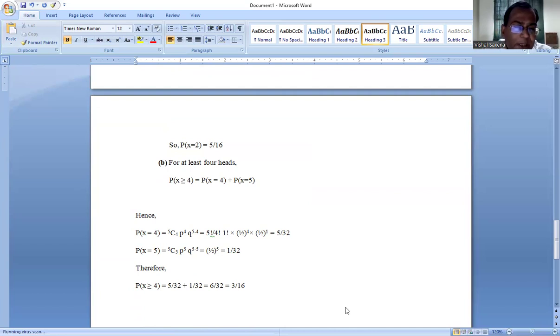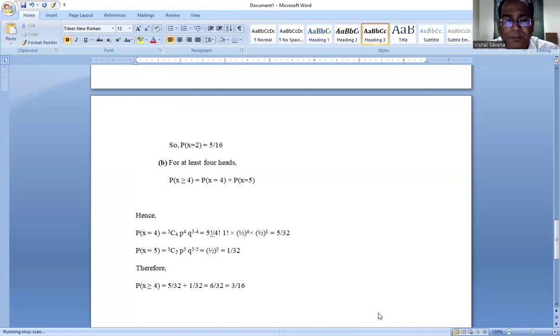Now the probability for 5 heads, in a similar way, is 5C5 with q raised to the power 5 minus 5, n minus r, and p raised to the power 5. When you solve it, you get the value 1 by 32. So the probability for 5 heads is 1 by 32 and for 4 heads it is 5 by 32.